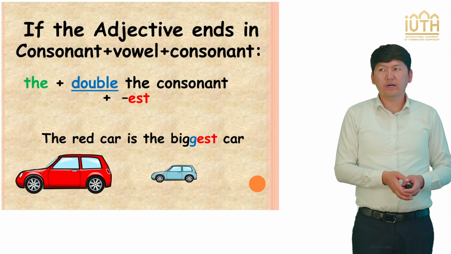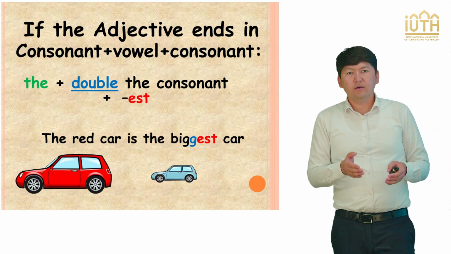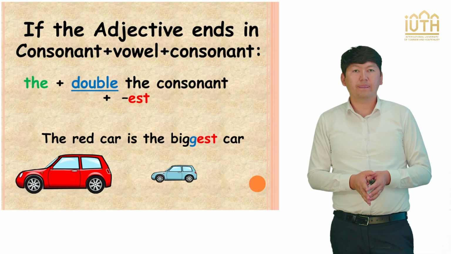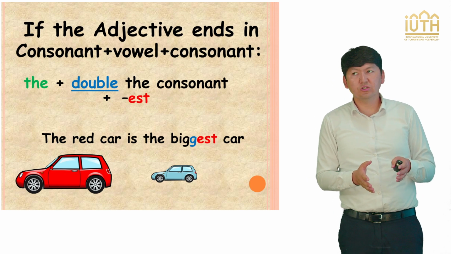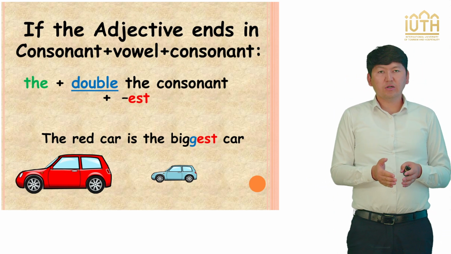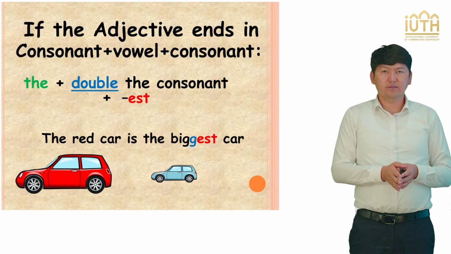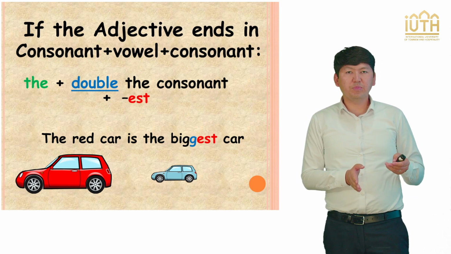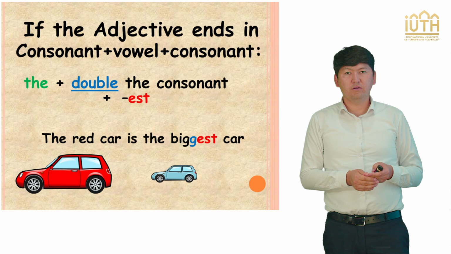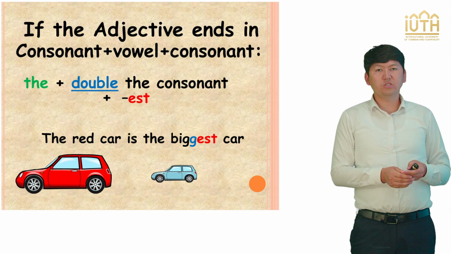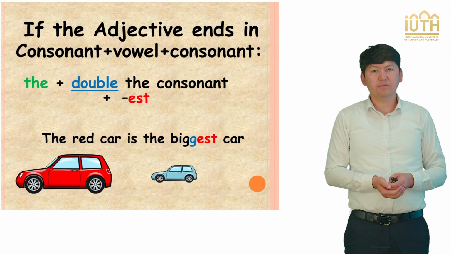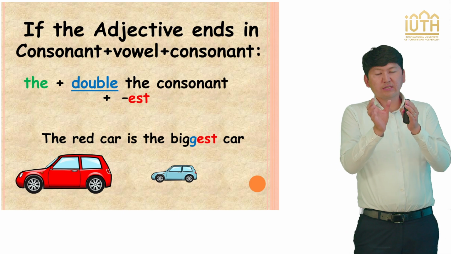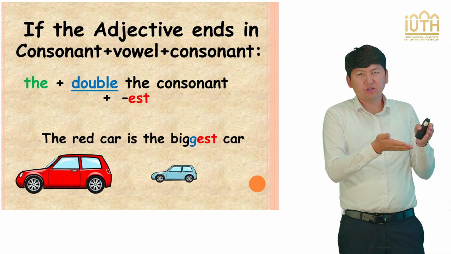Next example. If the adjective ends in consonant, vowel, consonant, we change the structure again: double the consonant plus est. For example, the red car is the biggest car. So you need another G here. Why? Let's take the word big. B-I-G.